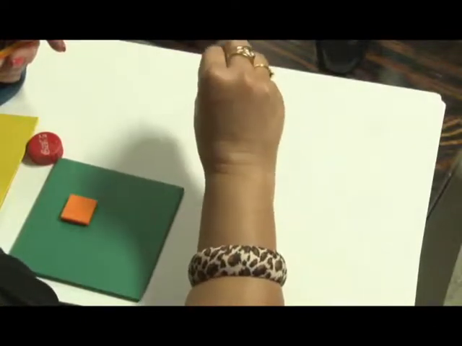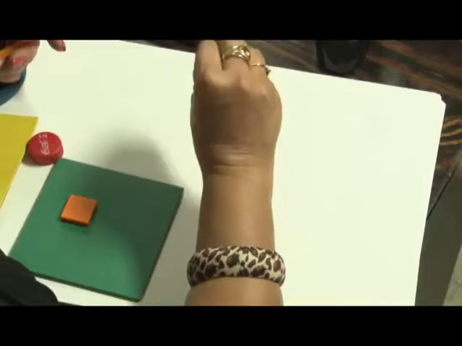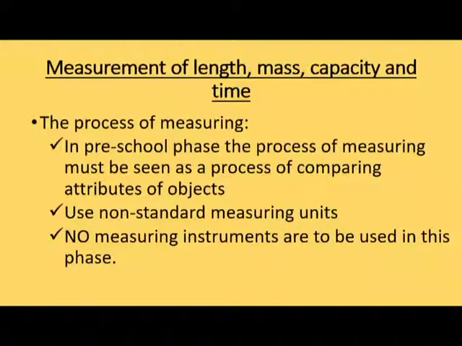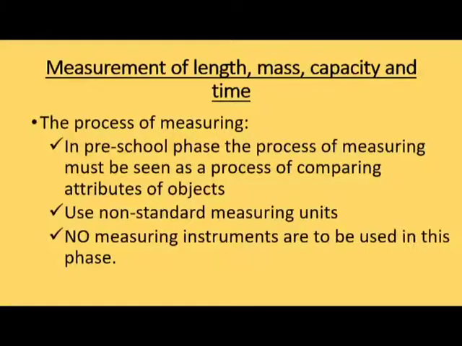And also they do not measure using measuring instruments. They do not use rulers. They do not use measuring tapes. They do not use scales, anything. Measuring jars, they do not use measuring instruments.